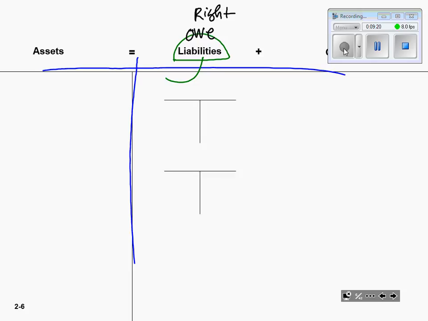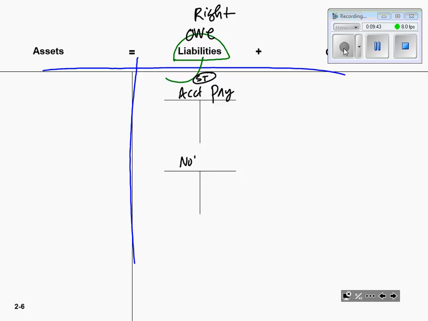What two accounts fall under the liabilities umbrella that we've learned about so far? What's the more short-term one? Accounts payable. Let's even write ST on top of that for short-term. And how about the long-term one where you'd go and get a loan at the bank? What's that called usually? Notes payable.